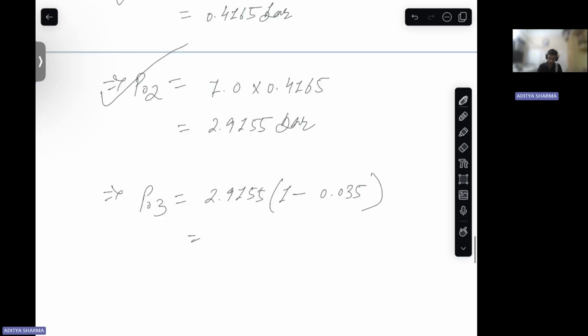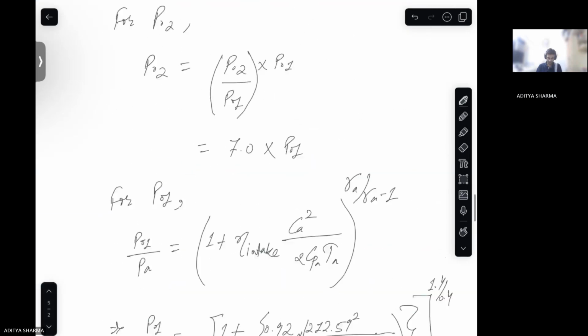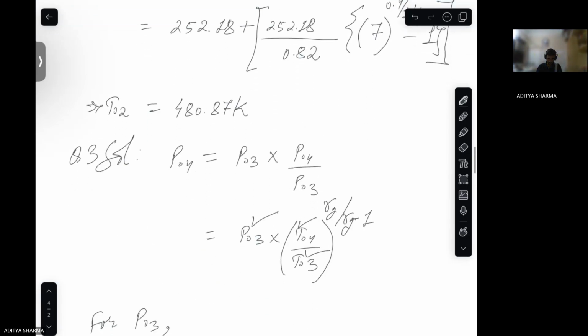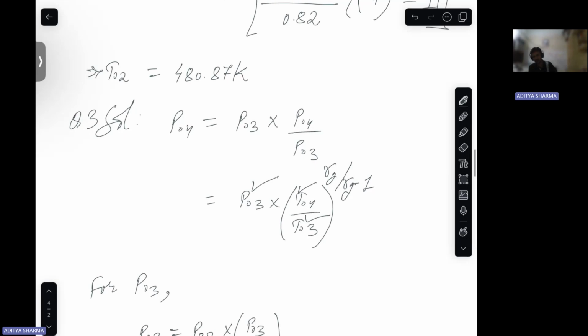So if you calculate this, this will be 2.8134. Right? So P naught 3 we have now.